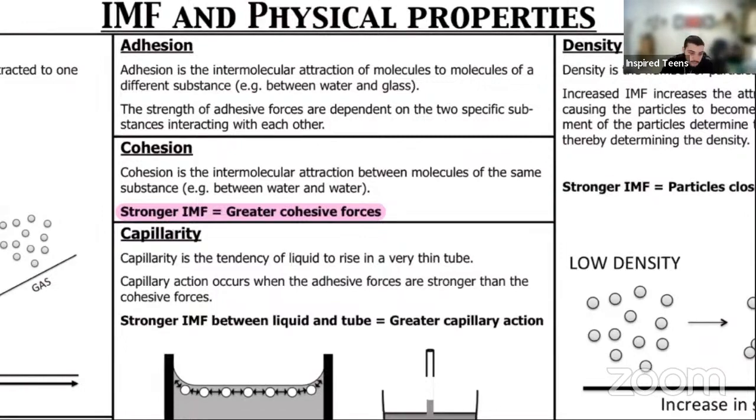Only F, O, or N. When hydrogen bonds with F, O, or N, that's the only time it forms hydrogen bonding. Okay, it's fine. You won't need to know it.